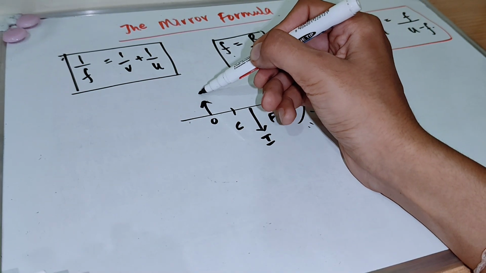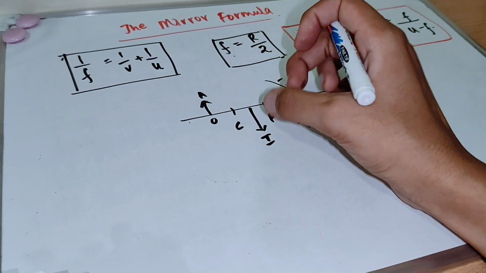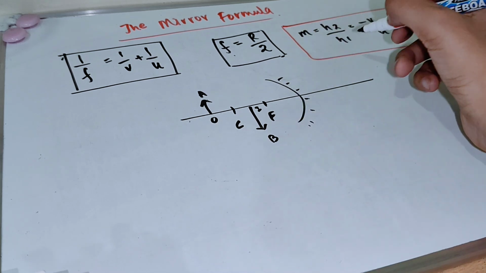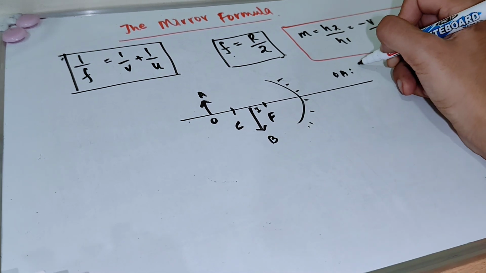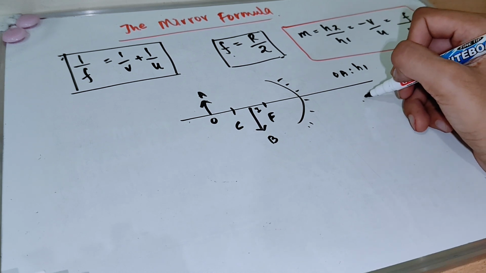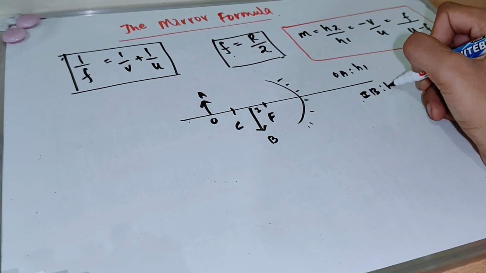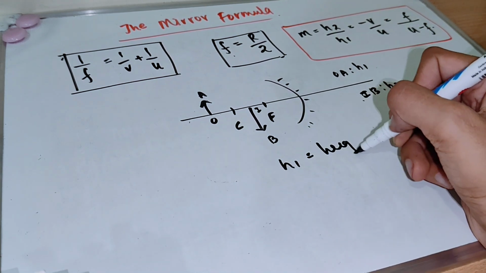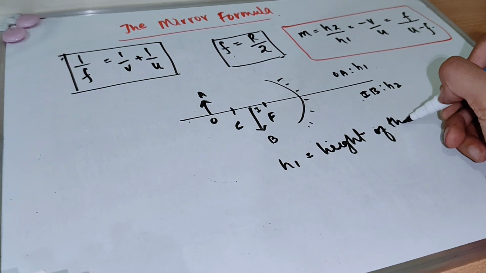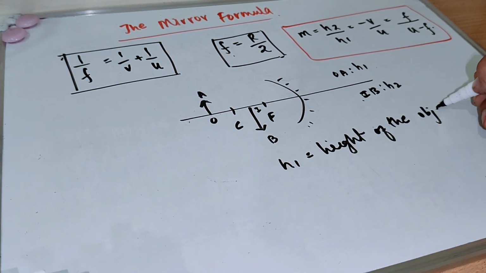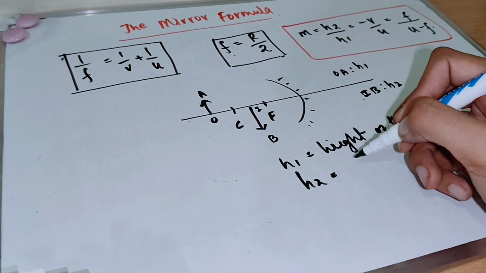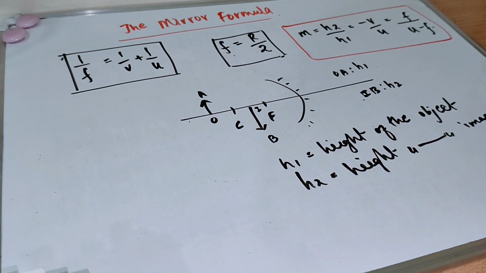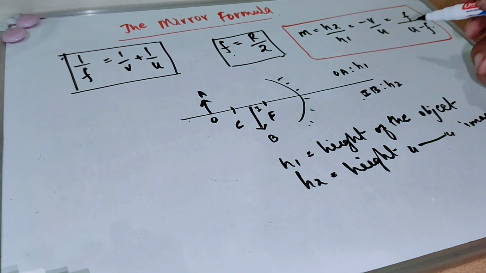So this height, let's say A, and let's say that this point is I, this is B. So this height OA is h1 and this height IB is h2. Basically, h1 is the height of the object and h2 is the height of the image, the linear height.